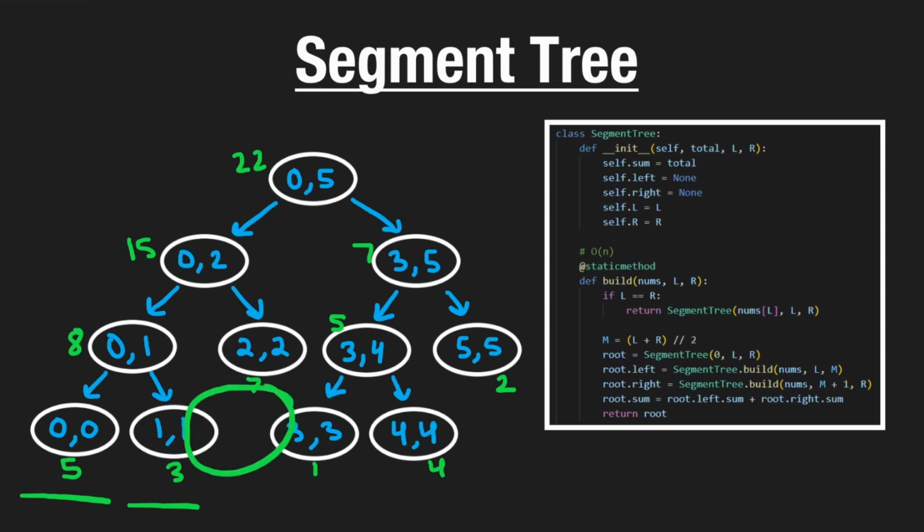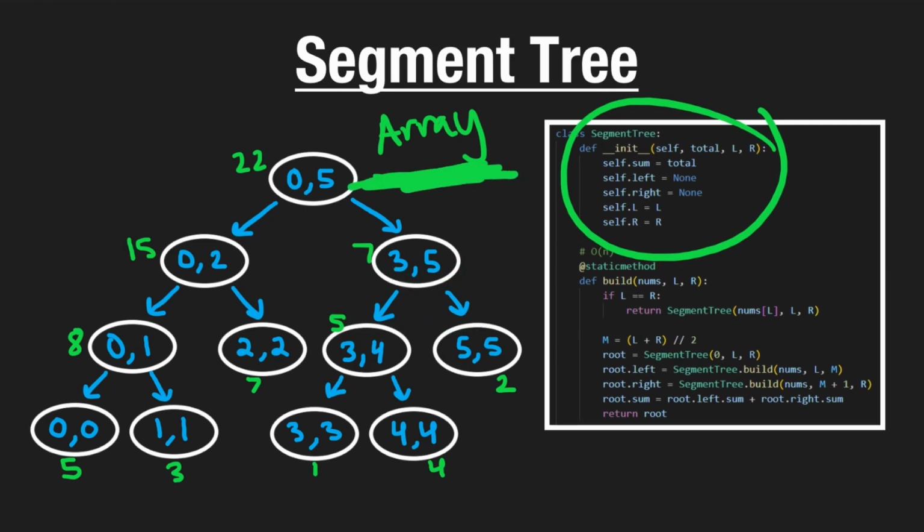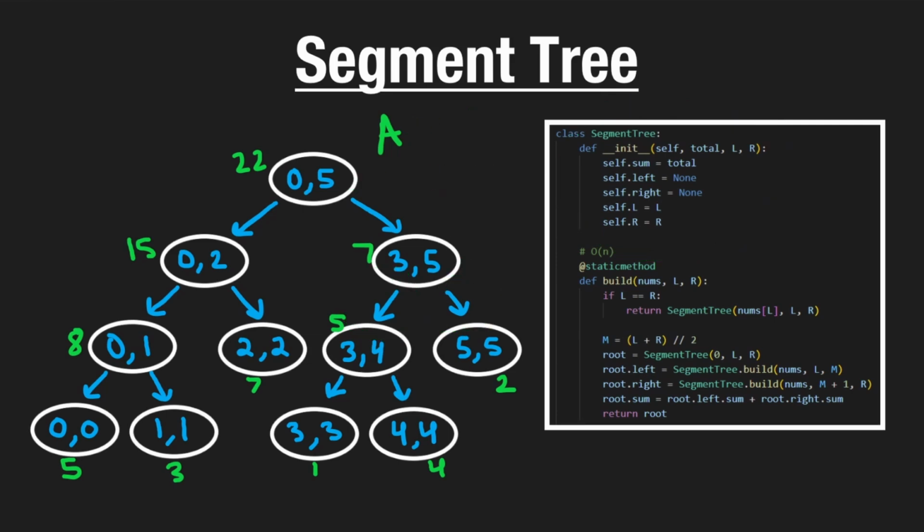We have a gap over here, and then we have 2 more nodes over here. So segment trees commonly are implemented using arrays, just like heaps are, but since we have gaps, it's harder to implement them with arrays compared to heaps. So I generally prefer to implement them with nodes and pointers, like I'm doing right now, but you definitely can do them with arrays, similar to how we implemented heaps.